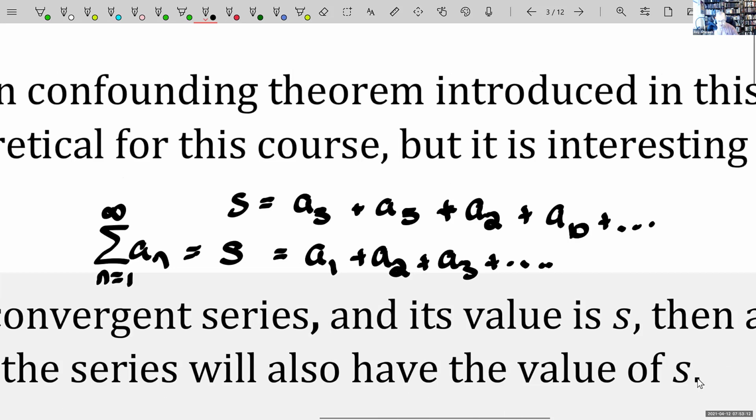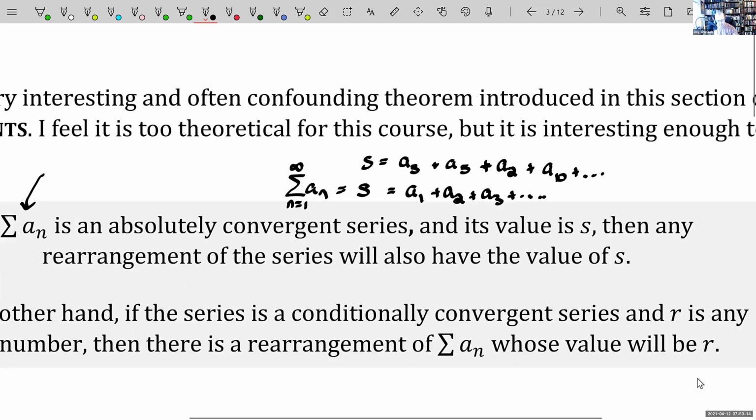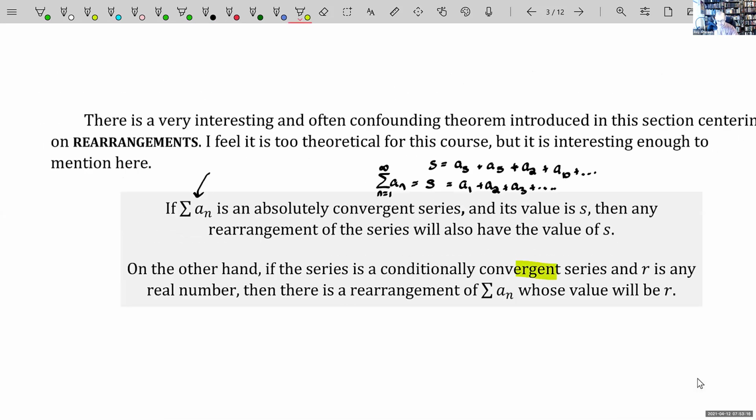But if you have a conditionally convergent series, so I'm looking at this second paragraph, let's pretend as though S is equal to the summation n equals 1 to infinity of A sub n.